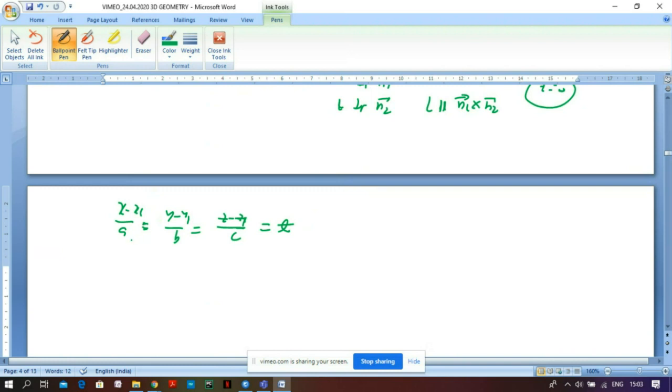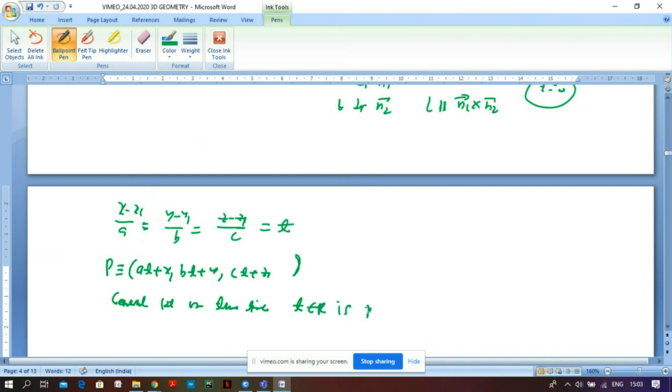So now there are three numbers a, b, and c, and t is a parameter. It means any point P on this line can be taken as (at plus x1, bt plus y1, ct plus z1). That's any general point on this line, where t is a real parameter.